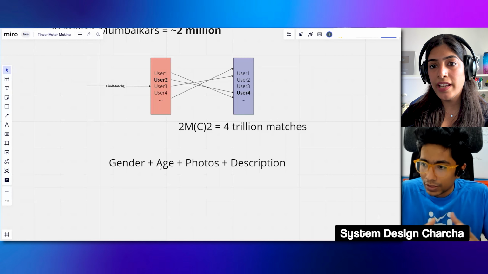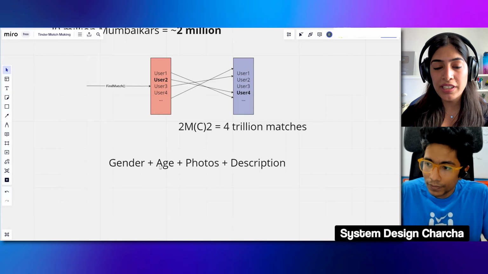And one more very important point. Gender and age are very straightforward filters, versus photos and description. For example, someone likes beaches, someone likes mountains. Those are not primary filters. Gender and age is something where you should definitely not be recommended someone if that is not your preference.